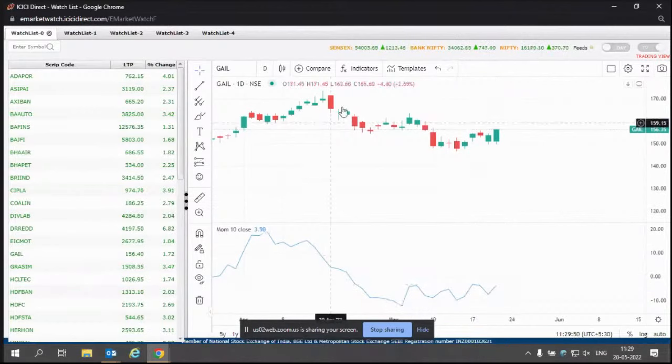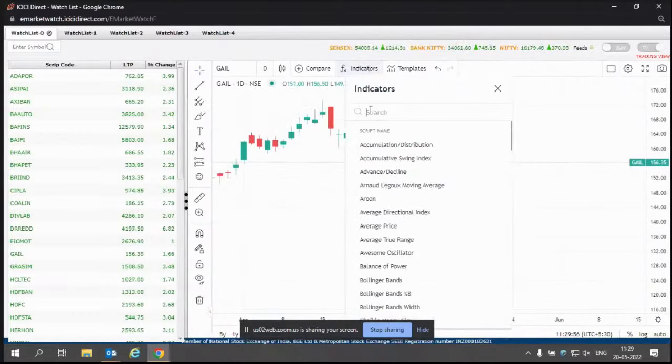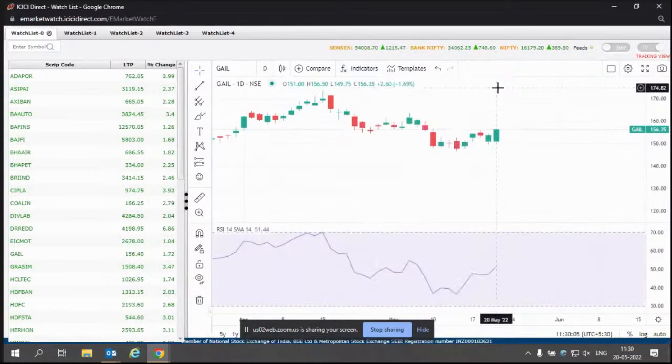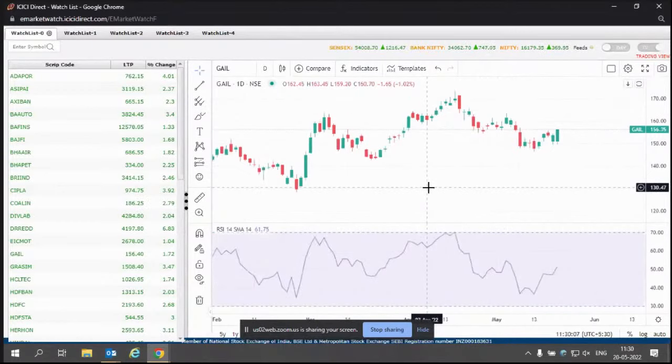Apart from that, the most common one is RSI. The RSI is a momentum indicator that measures the magnitude of recent price movement in order to understand whether the stock is overbought or oversold.